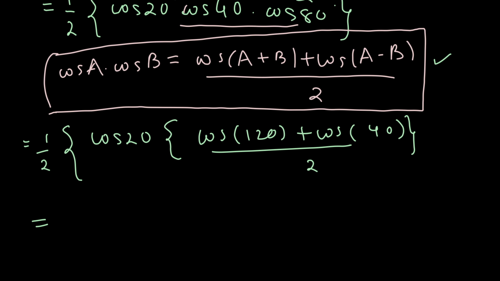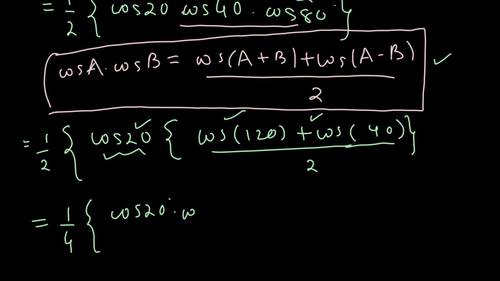Now I will take this 2 outside because the bracket terms are in multiplication. So 1 upon 2 into 1 upon 2 will become 1 upon 4. And I will open cos of 20 degrees with these 2 terms. So cos of 20 degrees into cos of 40 degrees, and now look carefully, plus cos of 20 degrees into cos of 120 degrees.